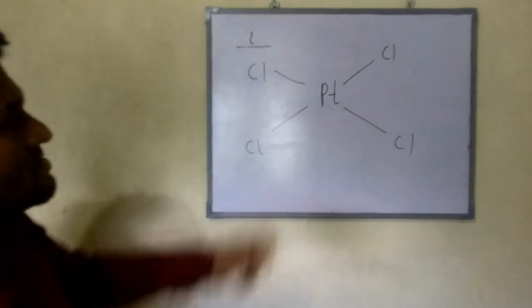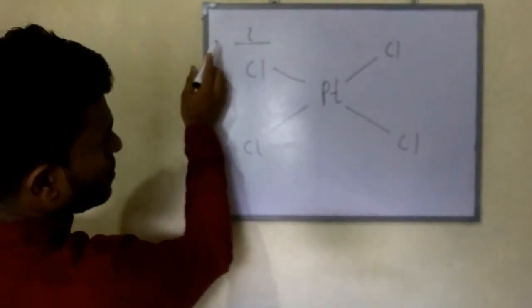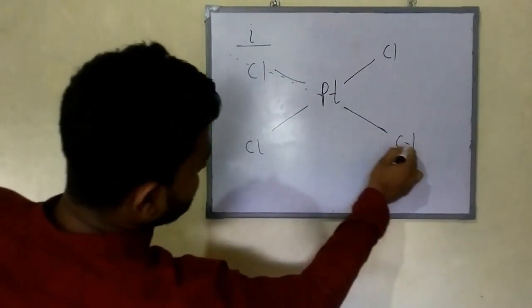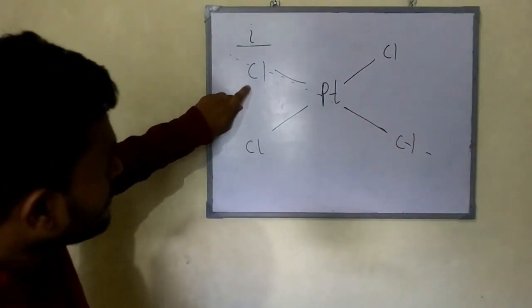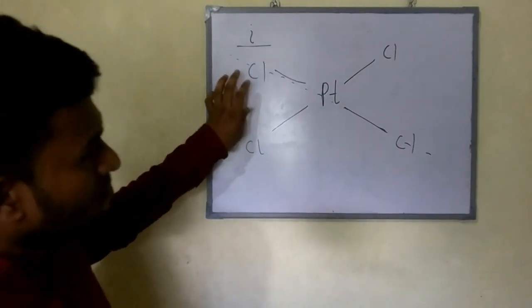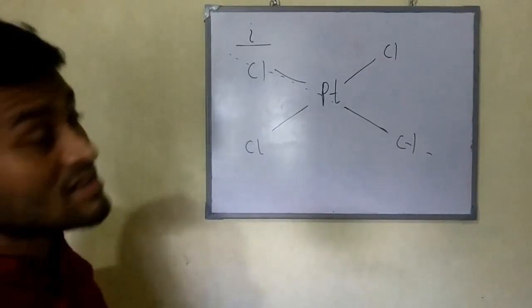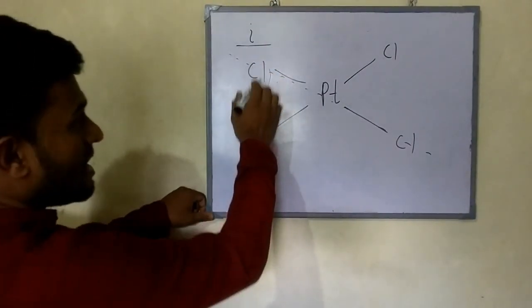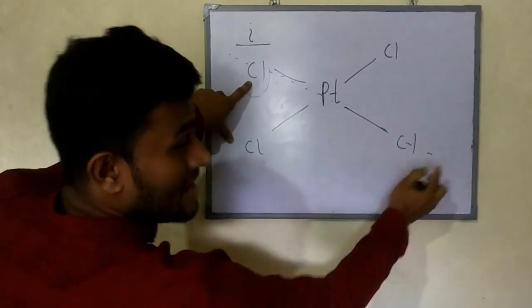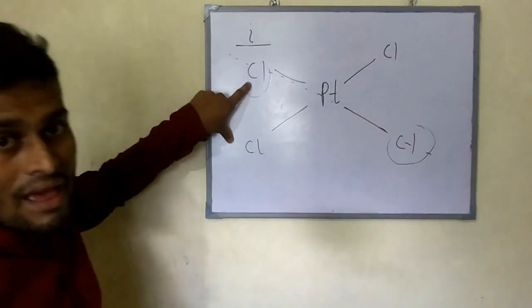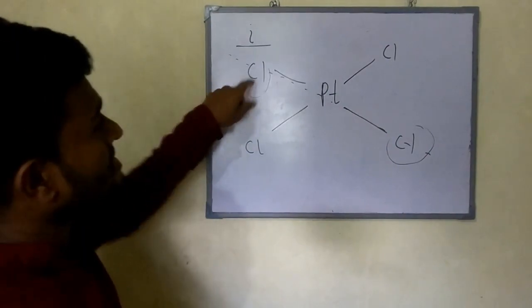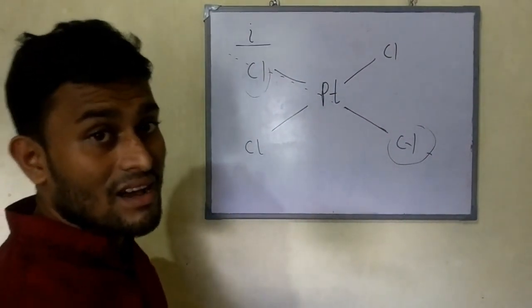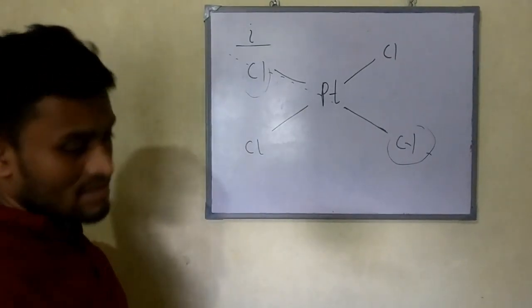If we draw a straight line going through this platinum atom, the equivalent atoms meet at an equivalent distance. Here one Cl atom is there, and at the same distance there is another Cl atom at the other position. That is the center of symmetry. Sometimes it can be a rotation around 180 degrees.